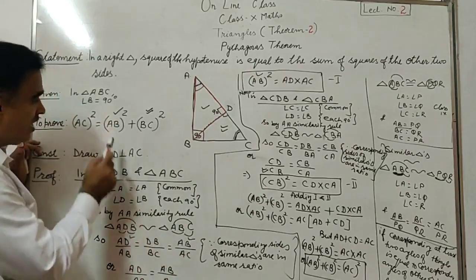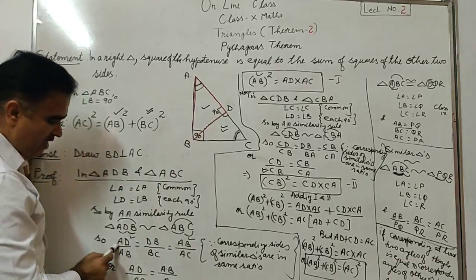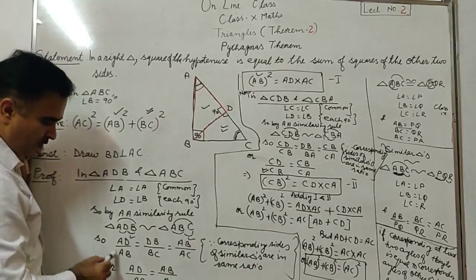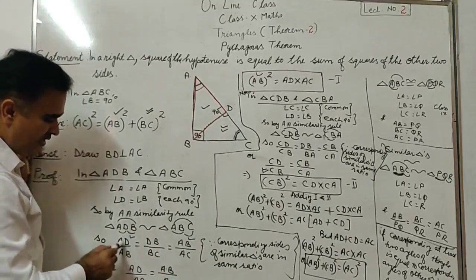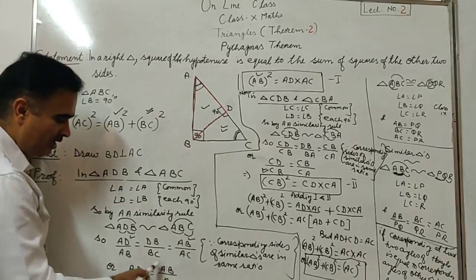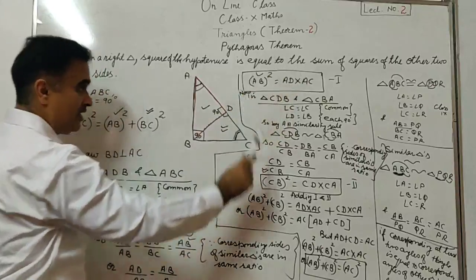Why are we taking this? We have to reach here, this is our aim. So we can write AD upon AB equal to AB upon AC. Cross multiply: AB into AB, this is AB square equal to AD into AC.